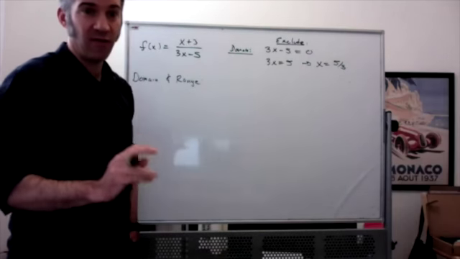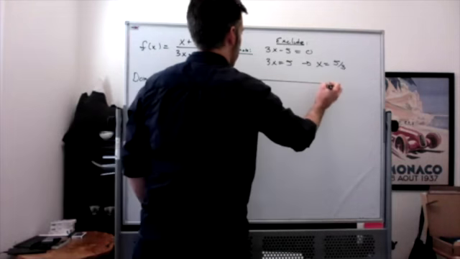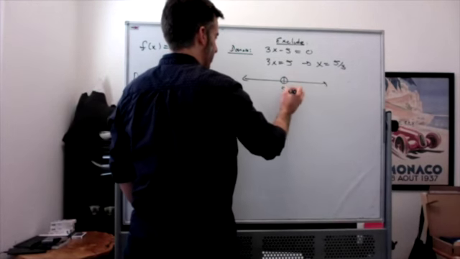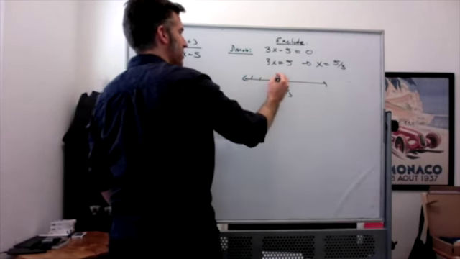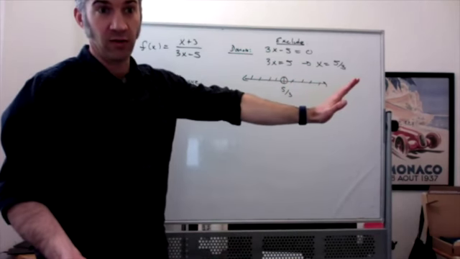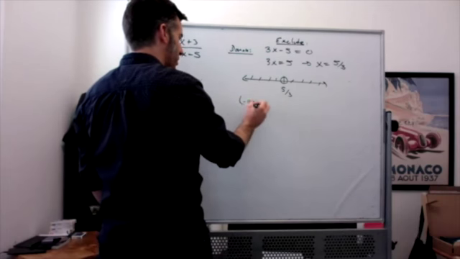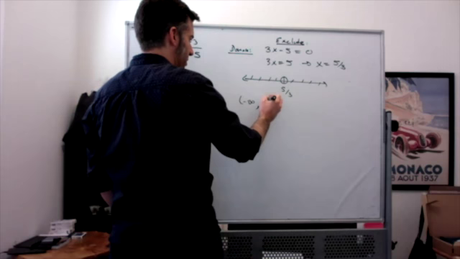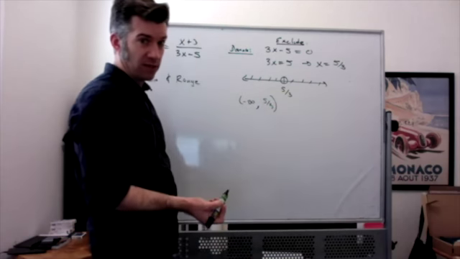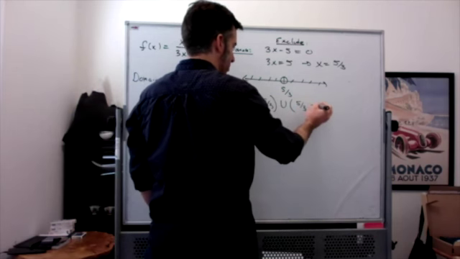I literally want every x value except for that one. So on the number line, I want all this and all this. We always go from left to right when writing interval notation. So I'm starting over here at negative infinity, all the way up to 5/3, excluding 5/3 with a parenthesis, union 5/3 to infinity.